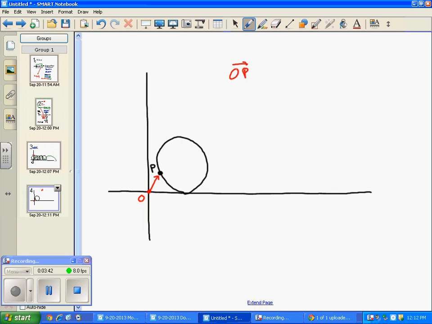Okay. So what I'm going to do is I'm going to draw a picture of some other vectors that would add to this vector. And you might say, well, gee, why are you picking those? And hopefully I'll convince you later on that this was a good choice. Okay, so there's a center of the circle here. I'm going to call that point C. There's a vector that points from C to point P. There's definitely a vector that does that.